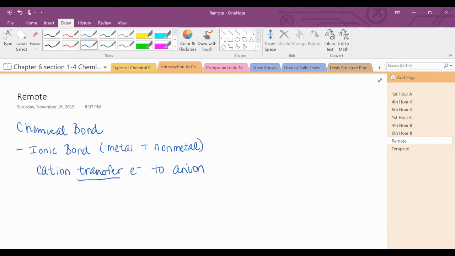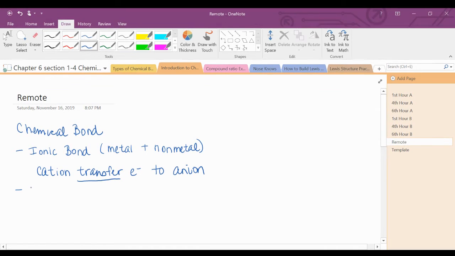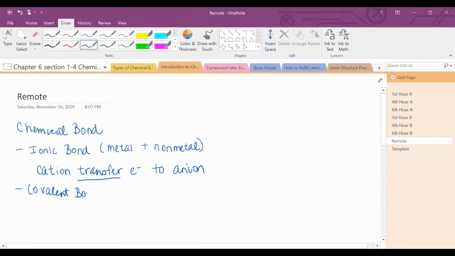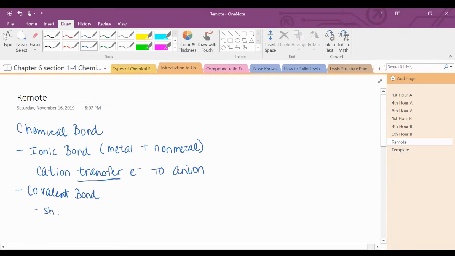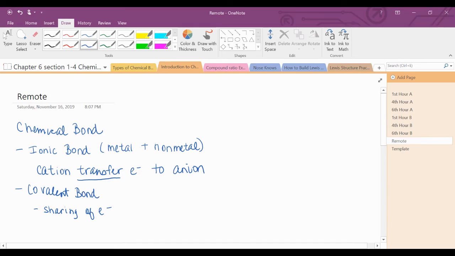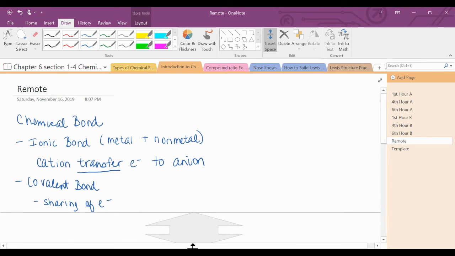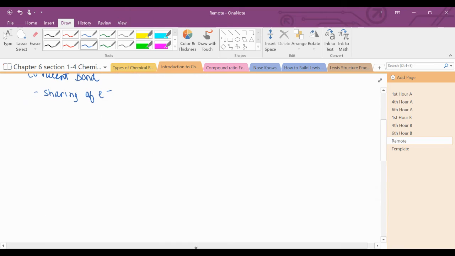All right, the second classification of chemical bonds that we're going to talk about today is covalent. And in covalent bonding, we're looking at the sharing of electrons. Now, there are two types of covalent bonds. Type 1 is called a nonpolar covalent bond.